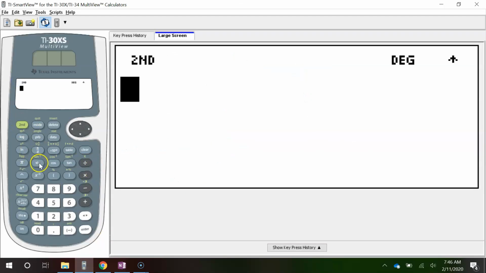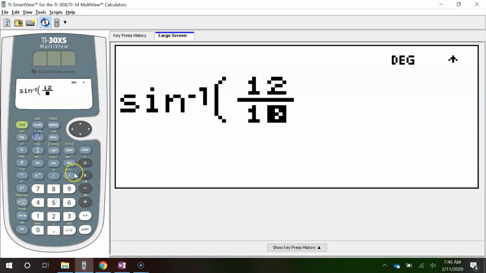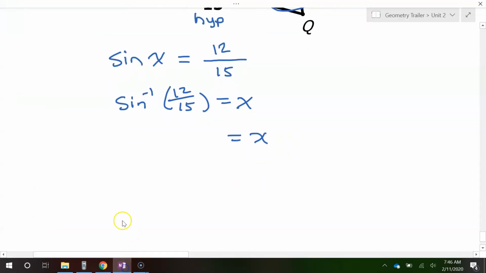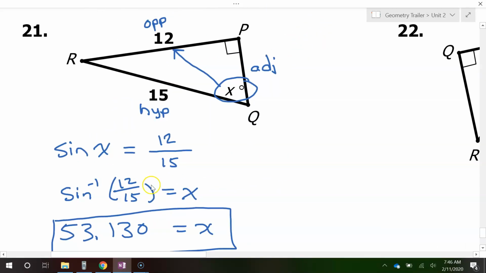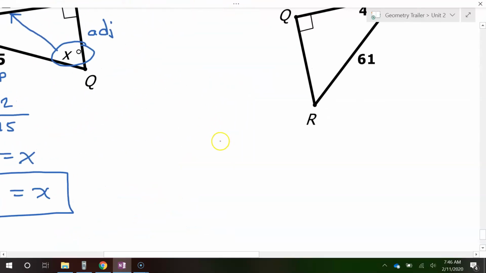So inverse sine of 12 over 15. So that's 53.130. All right, so that is number 21. All right, one more problem.